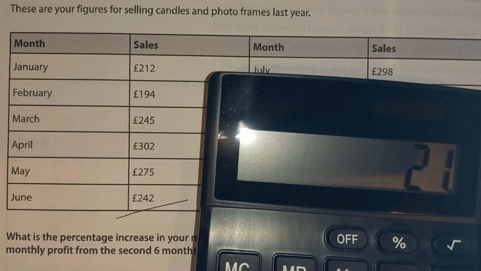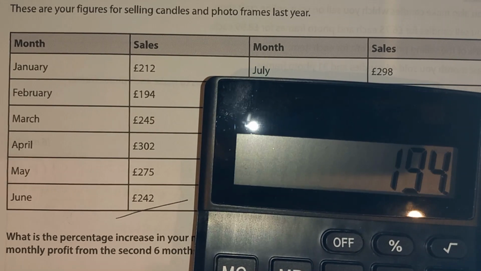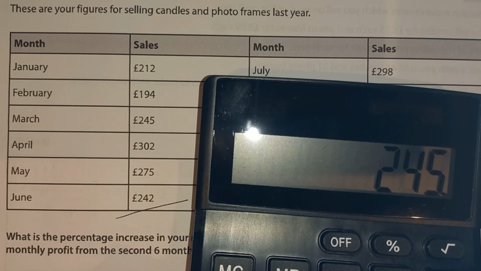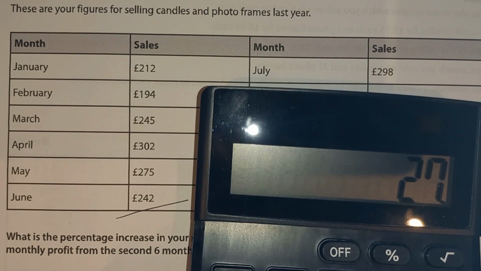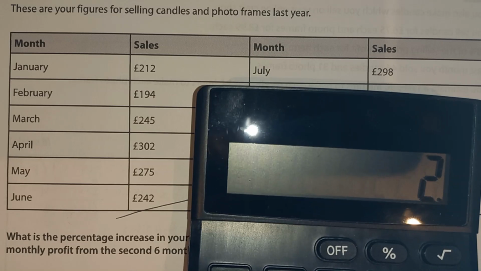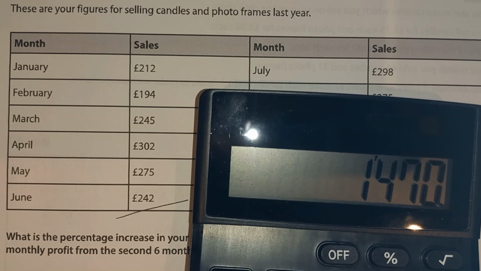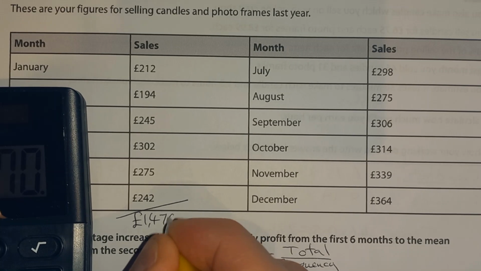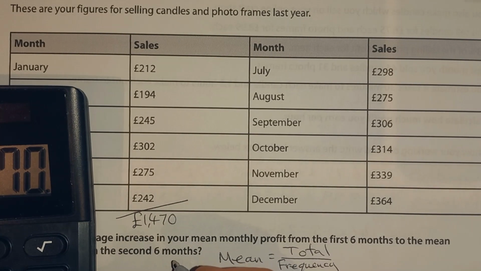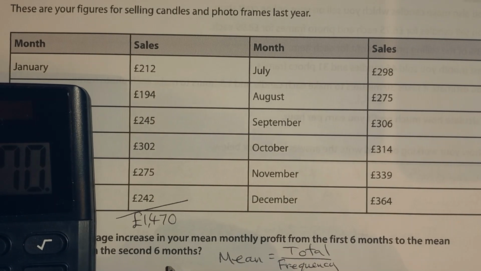So 212 plus 194 plus 245 plus 302 plus 275 plus 242. So we've got a total of 1,470.